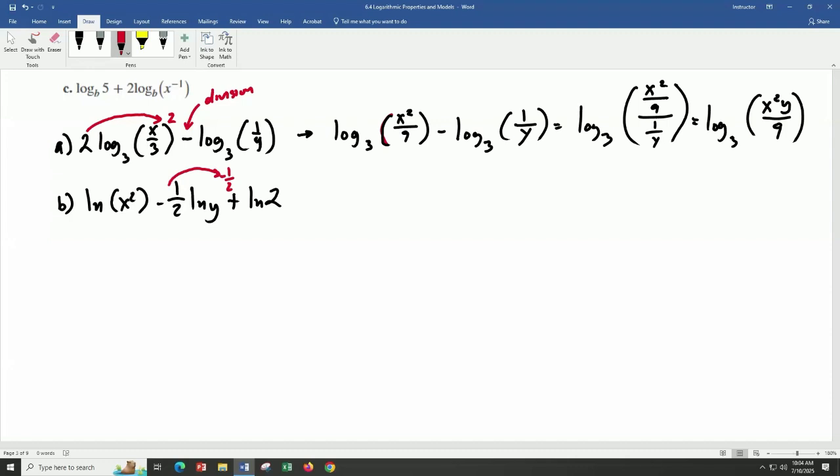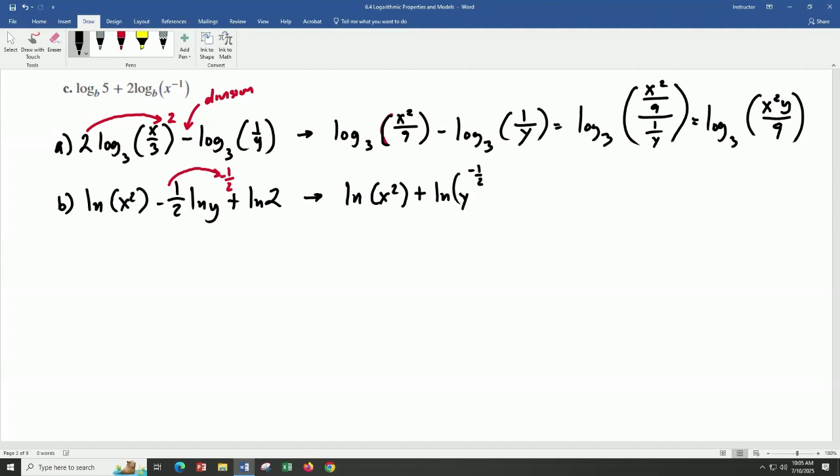And then notice right here at the very back end, you have ln of 2. So realize what I have here if I rewrote this. I have the ln of x squared. Taking this negative out, as you can see here, that turns into a plus ln of what? Y to the what?